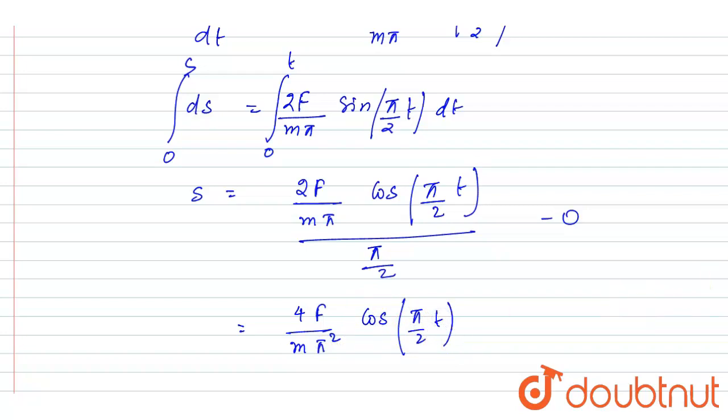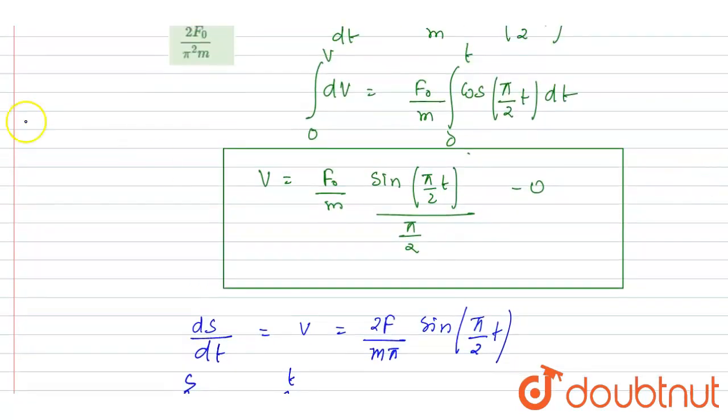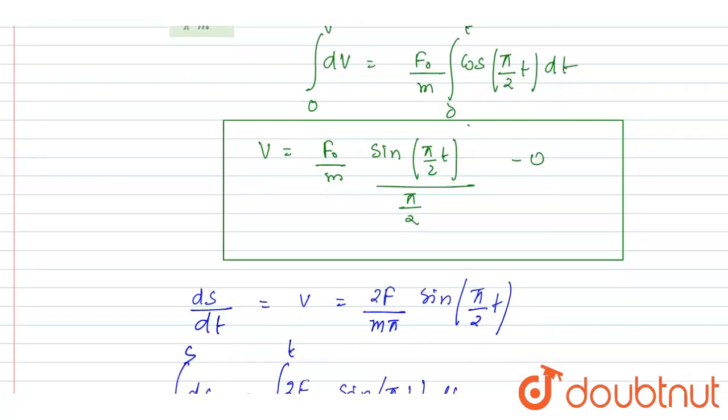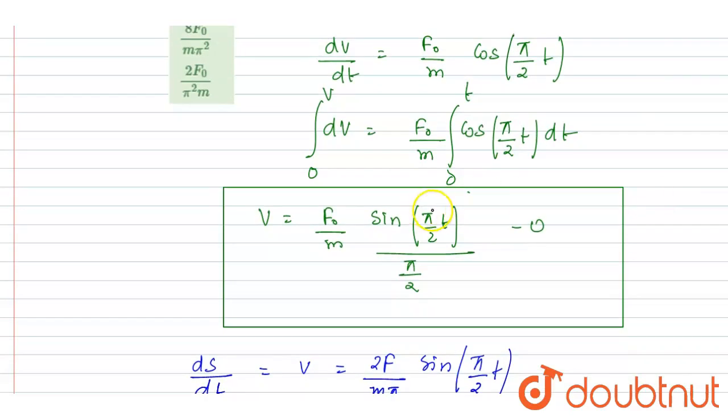Now we want the displacement when the velocity becomes 0 for the first time. The velocity will be 0 for the first time when, if you see here, it started from t equals 0, and we know that sine is 0 at n pi, right? For this velocity to be 0, this function should be equal to 0, and for this function to be 0, this theta should be equal to n pi.